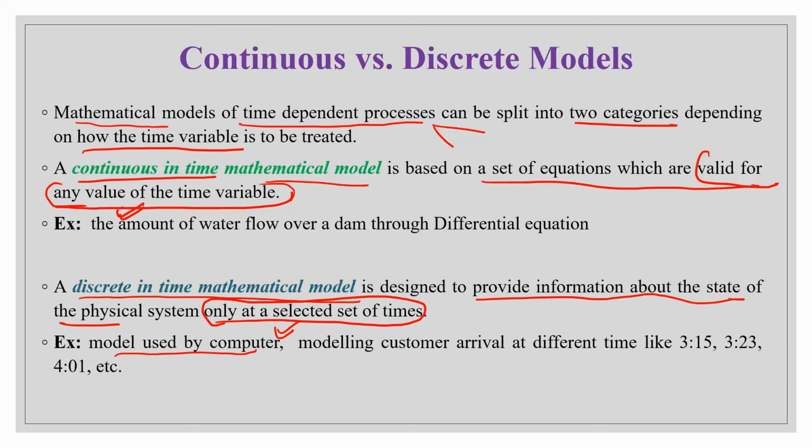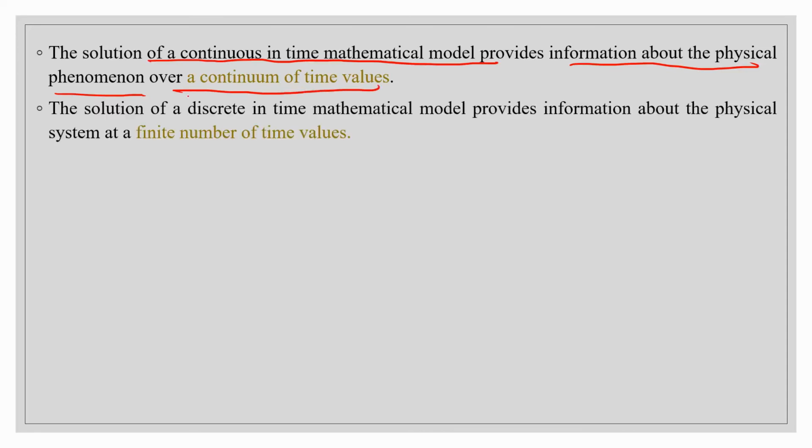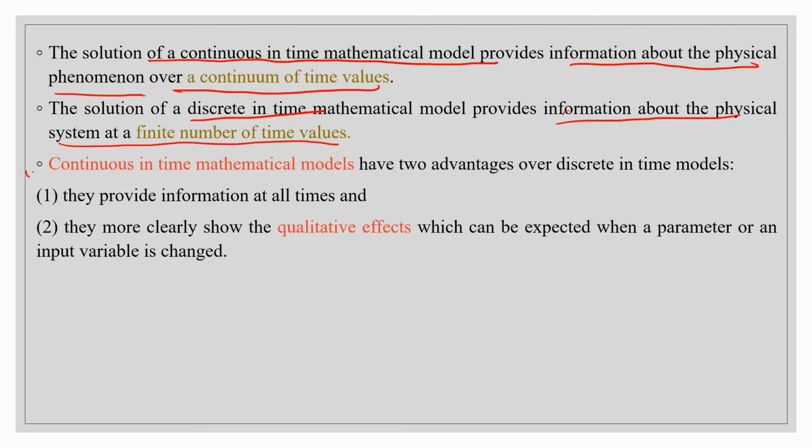So the solution of the continuous time model provides information about the physical system over a continuum of time values. However, a discrete model provides information about the physical system at a finite number of time values. A continuous model has two advantages over a discrete model. Let us see what they are.